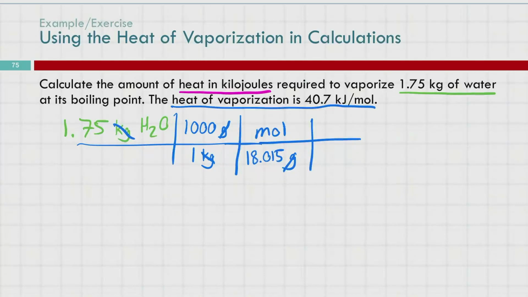And then we need to use our delta H vap, 40.7 kilojoules per mole, optionally adding that H2O. That's what our calculation route would look like, our solution map. Any questions about this setup?